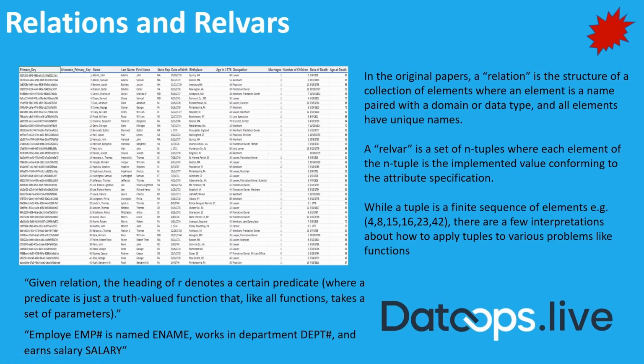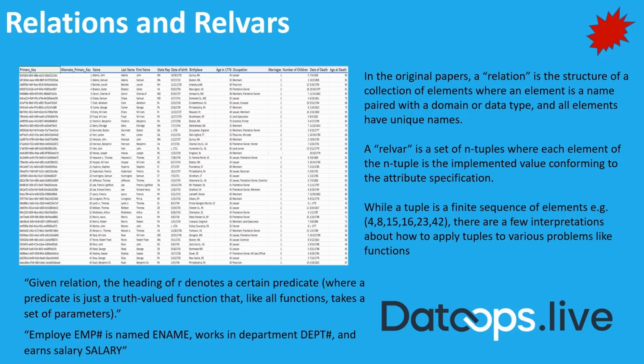Now, the beginning of relational theory, what we all work with in relational databases, was entirely built off of set theory. In the original papers, the concept of a relation that Codd and Date put together was built off of the definition of a set.